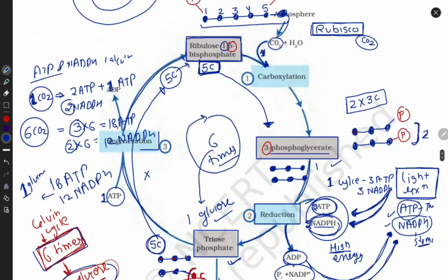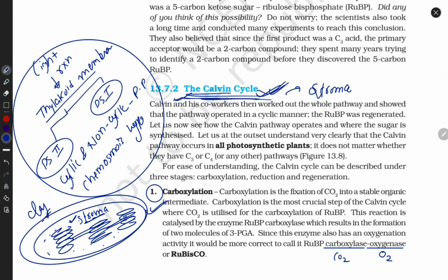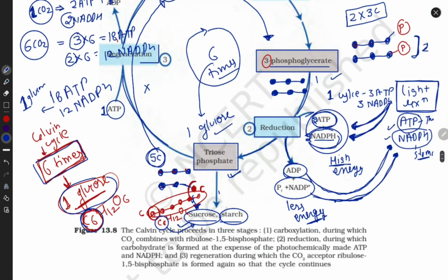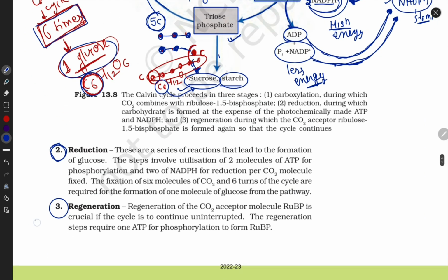And this is the pathway of the Calvin cycle, because Calvin discovered this, so the name goes to Calvin. First step is carboxylation. We need carbon dioxide. In reduction, we use some energy, and in regeneration, we also use some energy. After reduction, we get one molecule of carbon, and this one carbon contributes to glucose formation.